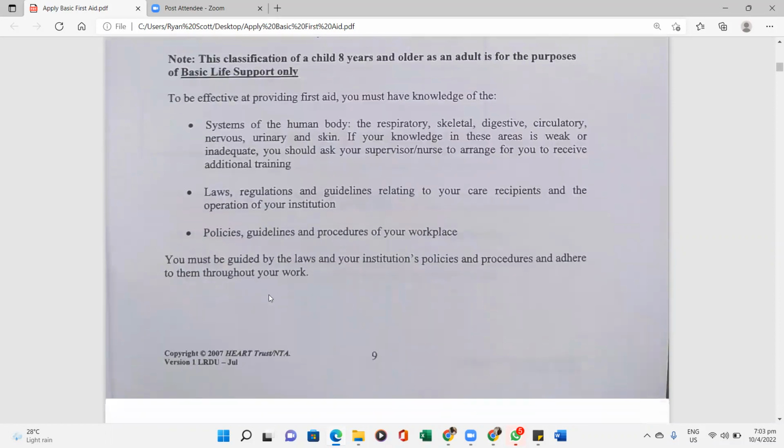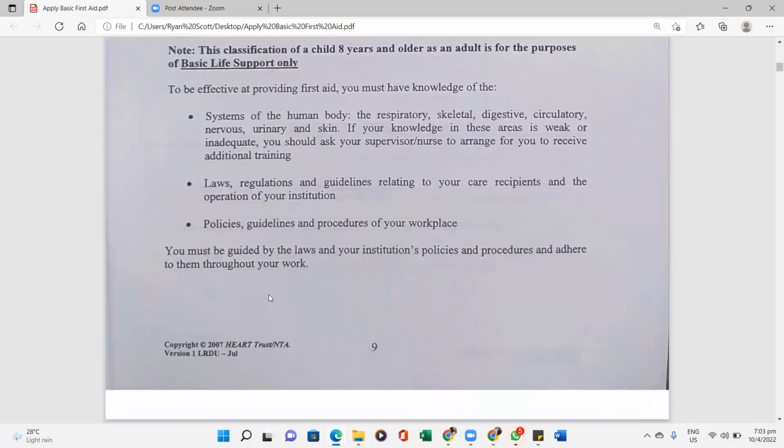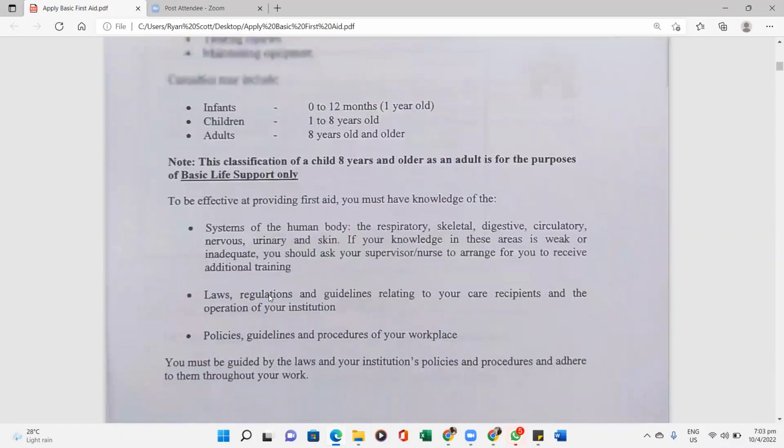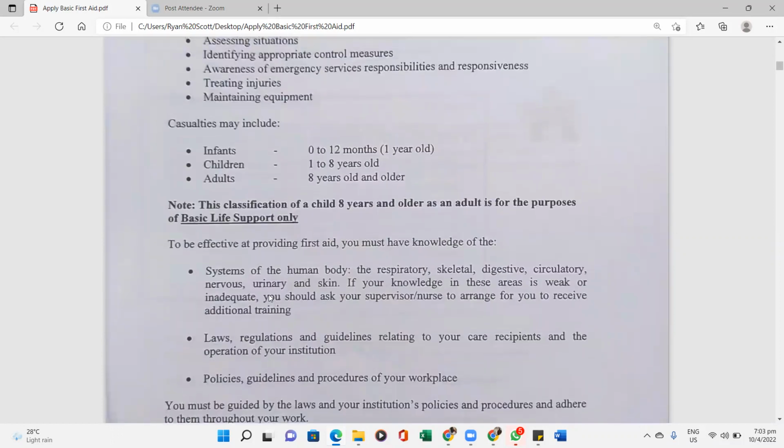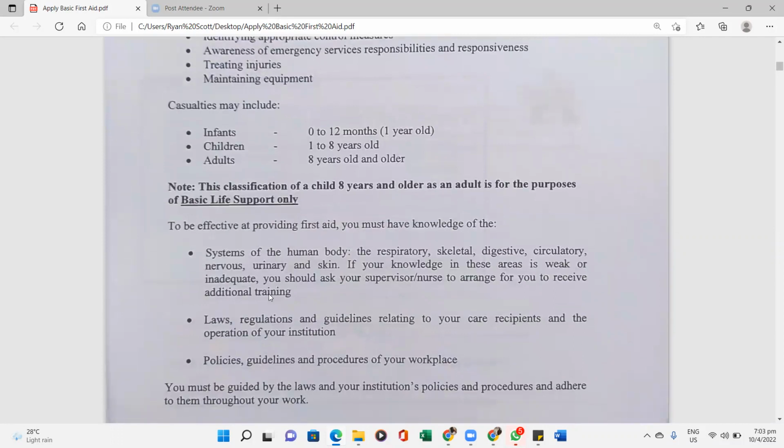These casualties may include infants. I remember infants would be considered 0 to 1, children would be 1 to 8, and they put adults as 8 and older, right? In that case, they say you would treat them as an adult, even though they're 8.